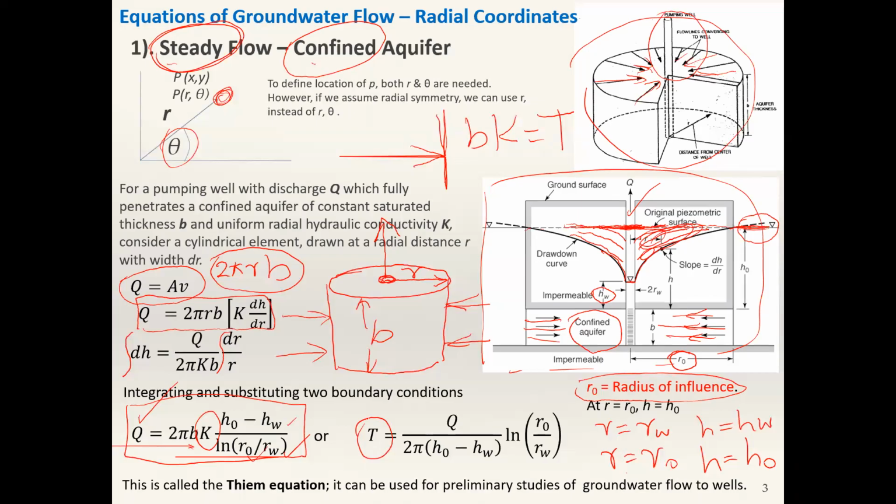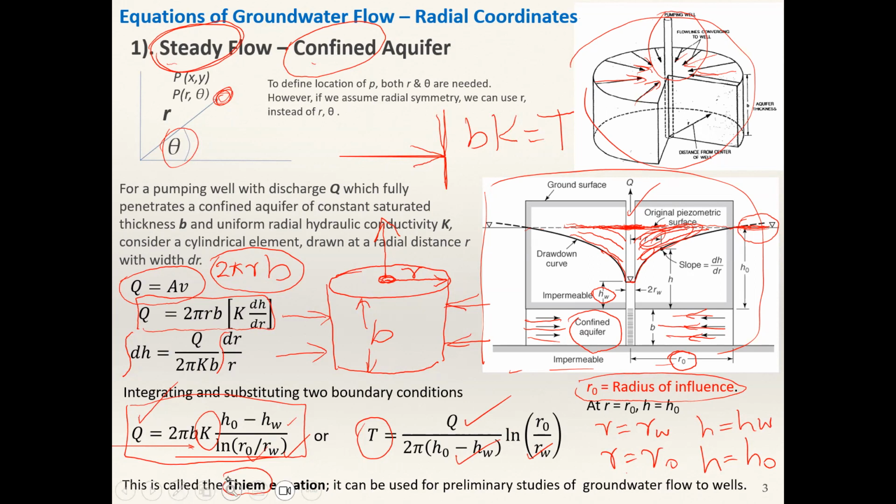Same equation, but in a different form. So the transmissivity can be found by knowing the flow rate, head, and the radius. This equation is called the Thiem equation. The researcher, Thiem, was the first who developed this equation.